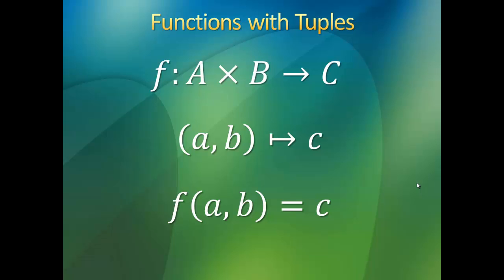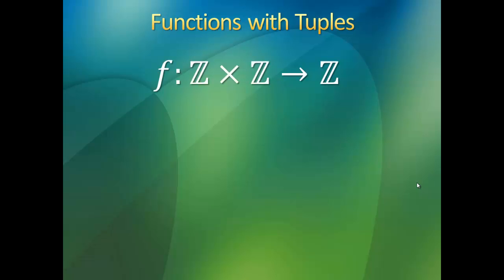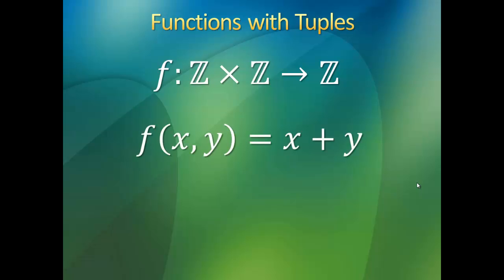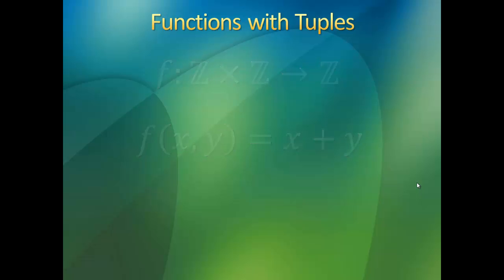So, for example, I might have the function from Z times Z to Z that takes in two integers and adds them up. We might write such a function as f of x comma y equals x plus y. Similarly, we might have a function for which the codomain is a Cartesian product as well. I might define a function from R to R squared that takes in a number, perhaps an angle, and gives me an ordered pair containing the x and y positions on the unit circle corresponding to that angle.